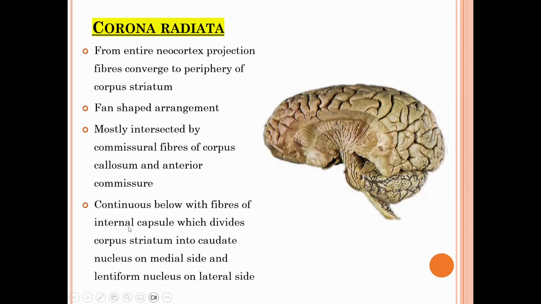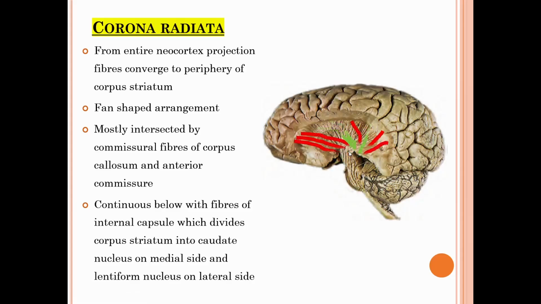They are continuous below with the fibers of internal capsule, which divide the corpus striatum into caudate nucleus on medial side and lentiform nucleus on the lateral side. So corona radiata is an example of projection fiber.